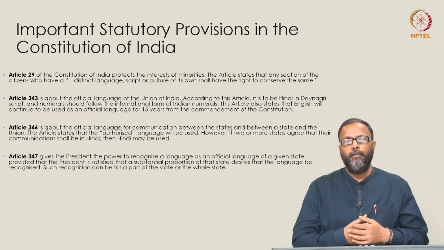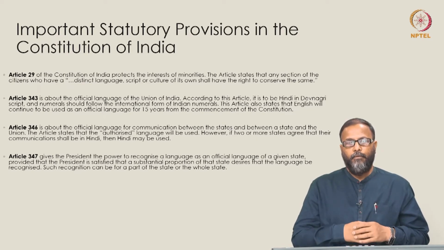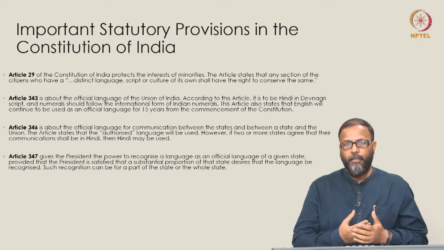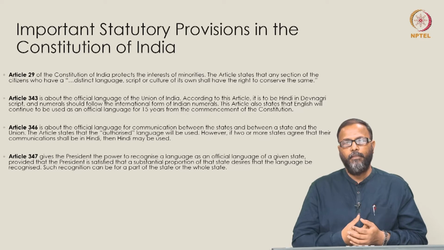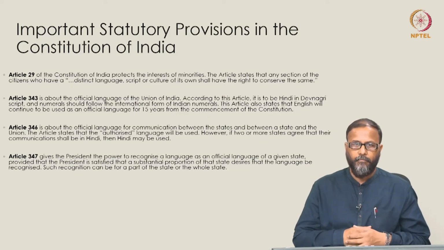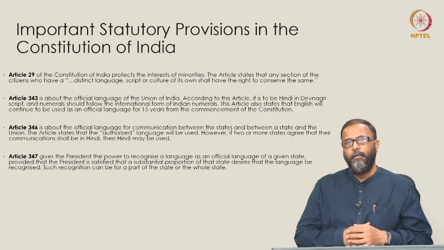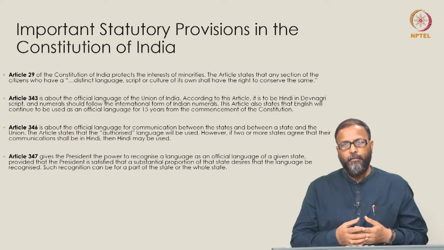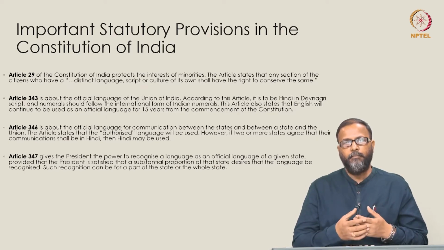In such a country, deciding upon one official language will definitely be an uphill task. It is an uphill task. And to date, the questions on languages have not yet been settled. However, the Constitution of India gives us a lot of liberty and leverage to accommodate as many languages as possible.